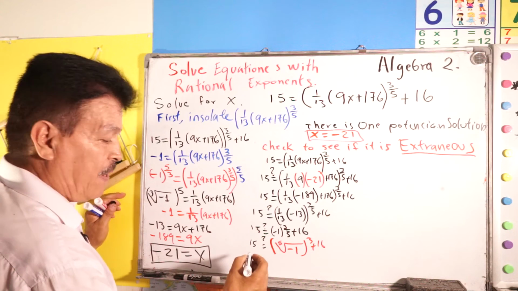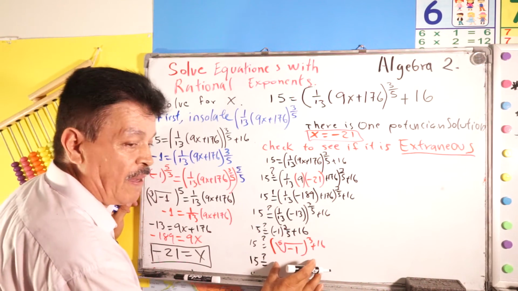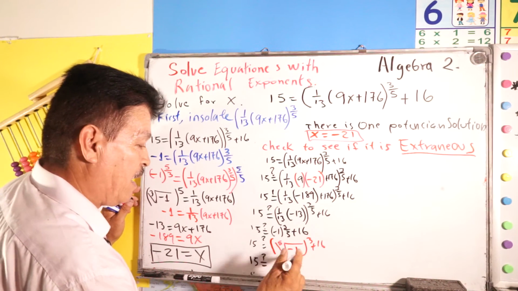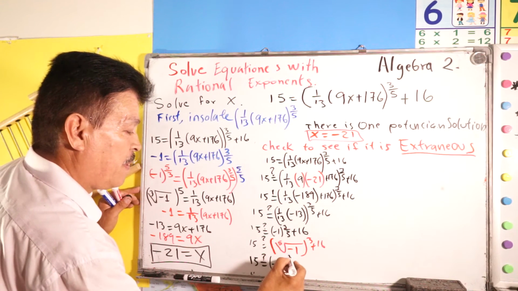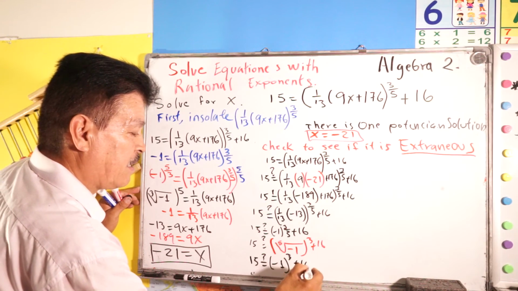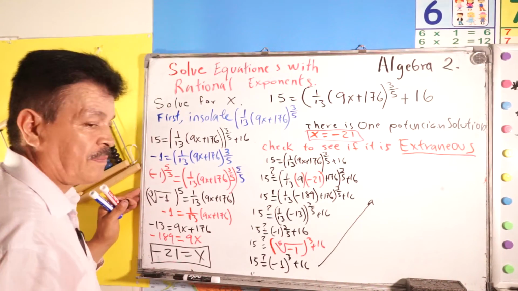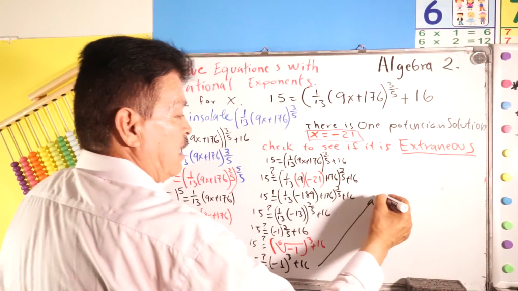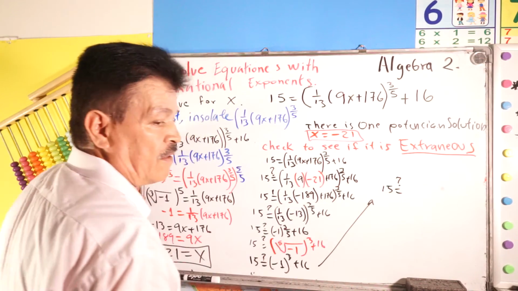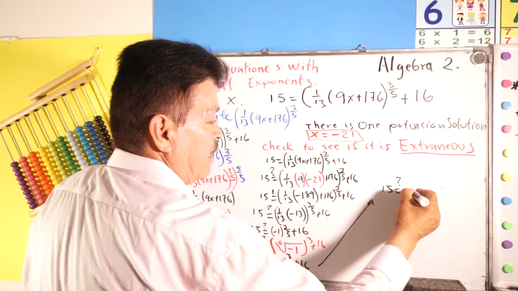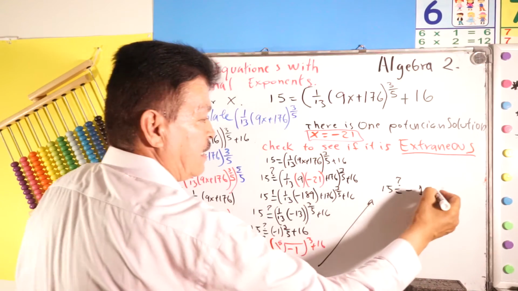So next step, simplify. You simplify all this data and you will have negative 1 to the 3rd power plus 16. Almost done. So now 15 equals negative 1 plus 16.